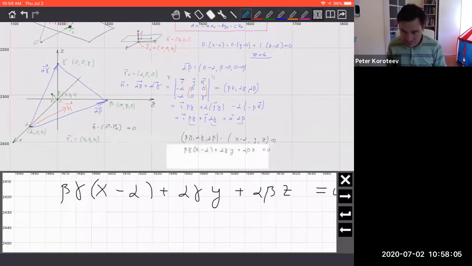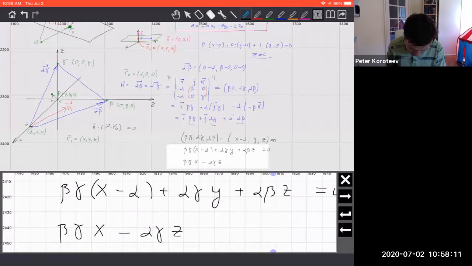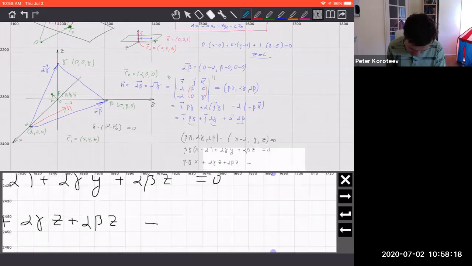Or we can expand it: beta gamma x plus alpha gamma y plus alpha beta z minus alpha beta gamma equals 0.